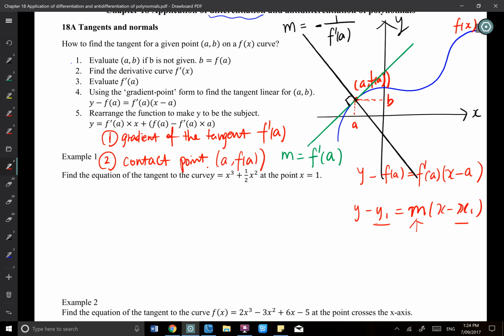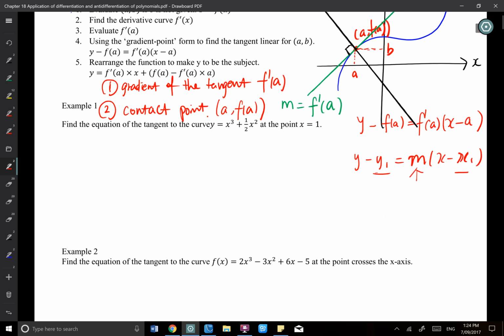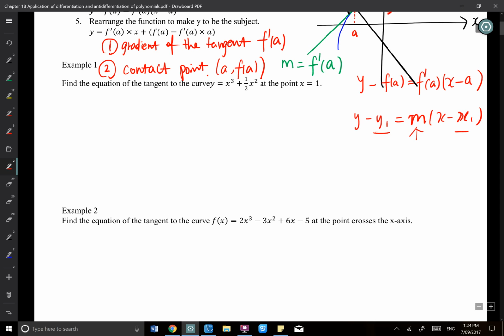Example 1. Find the equation of the tangent for that graph at the point x equals 1. When x equals 1, I need two things. I need the contact point, which needs both x and y values. When x equals 1, y equals 1 cubed plus a half times 1 squared, so y equals 3 over 2.